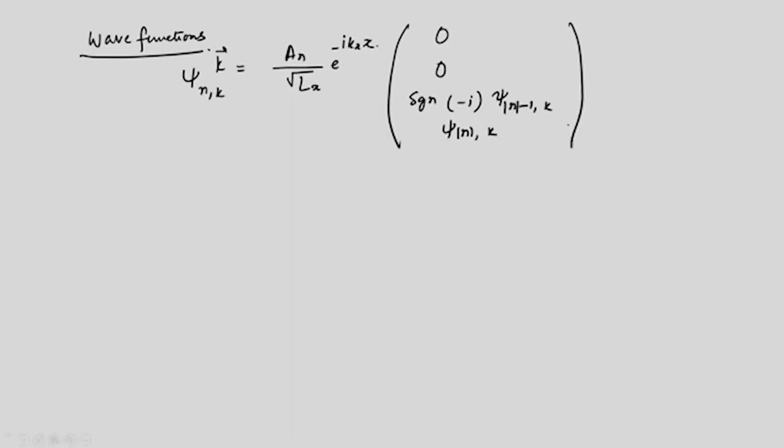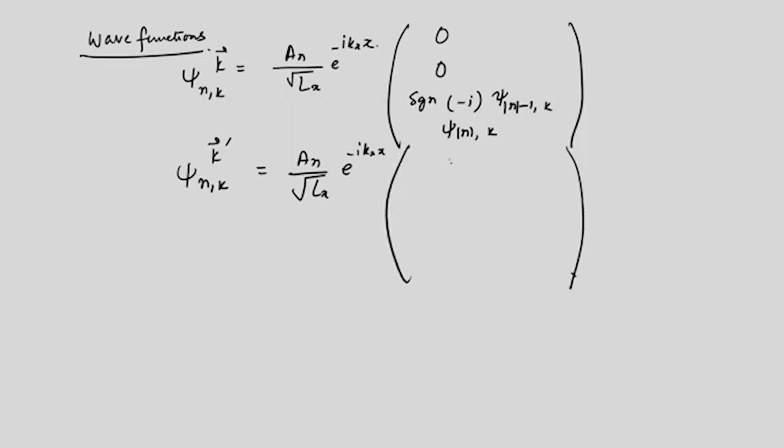So, just from the one sublattice here. For the other one, at k prime, this is equal to some a_n by root over L_x exponential minus i k_x x, and again you have psi_nk, sgn n, minus i psi_n minus 1 k, and a 0 0.